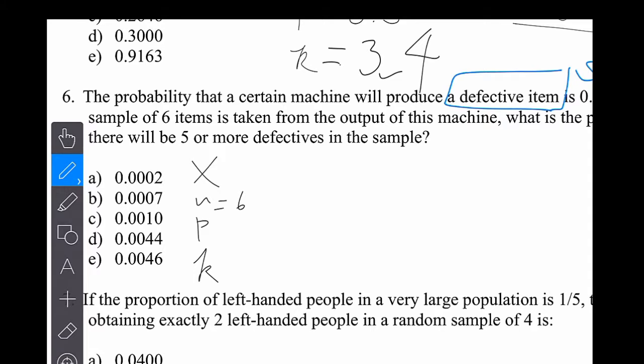That would be independent, which is not necessarily true, but we're going to assume that in order to apply the binomial here. Not necessarily true, because if the machine is operating incorrectly and one item is defective, maybe the next few items have a greater chance of being defective. Okay, but in this case, we're going to assume that the defects are independent. So we can apply the binomial.